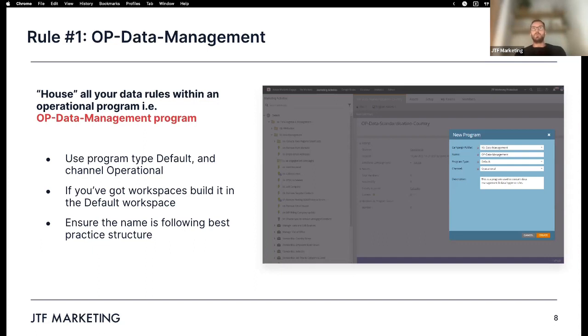And ideally a single program or a single folder, however works best for your instance. But you want to have one place to go to find where all of your data hygiene programs and campaigns are living and manage them. So going back to that reporting conversation, you want to be able to go and see who's a member of this campaign, who's flowing through this particular flow action, etc.